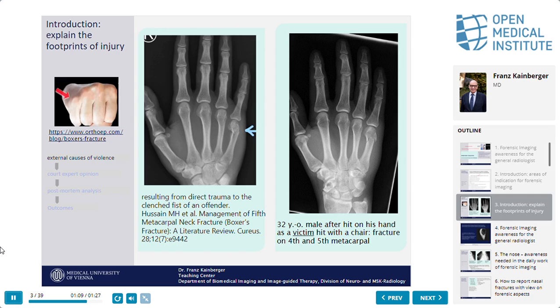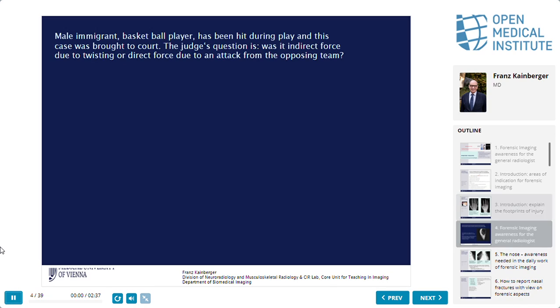So we have to take care not to write in our reports a direct causative chain between what we see and what might have happened, because that's the offender's hand and that's the victim's hand.